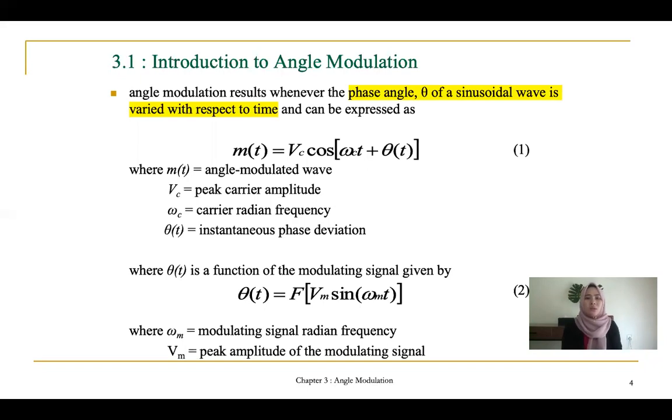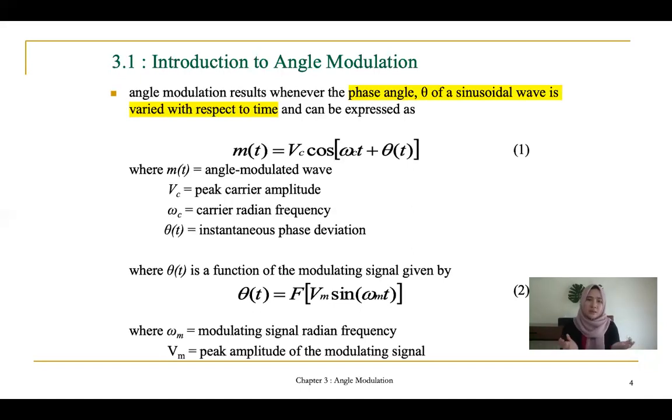So m(t) equals Vc cos(omega c t plus theta(t)), where Vc is the carrier amplitude, omega c is the carrier frequency, and theta(t) is the instantaneous phase deviation. And you can see over here, theta(t) is given by a function of Vm sine omega m t, where omega m is the modulating signal radian frequency and Vm is the peak amplitude of the modulating signal.